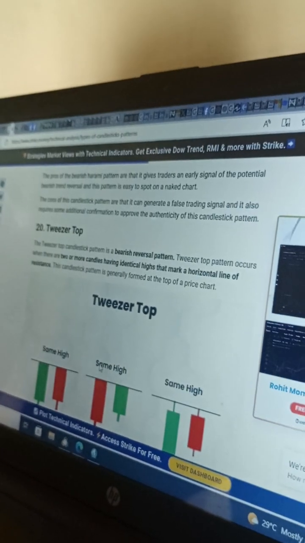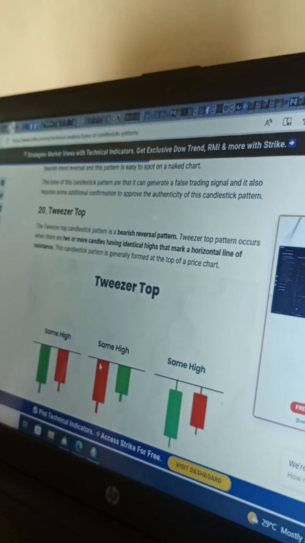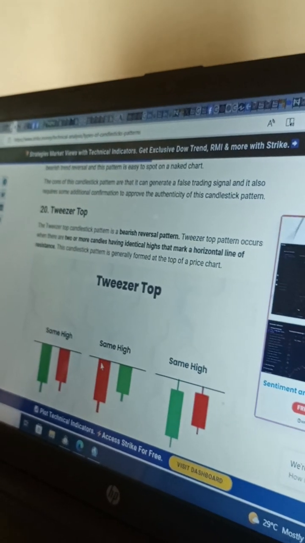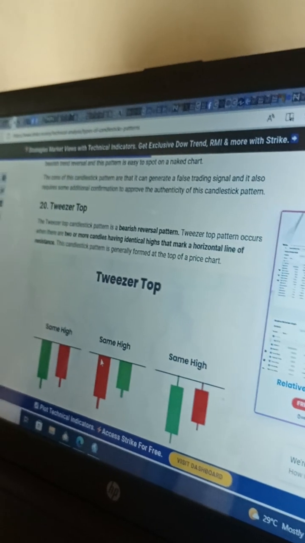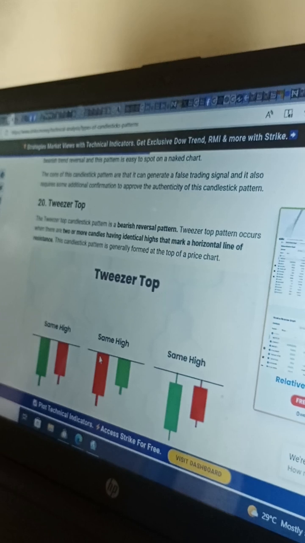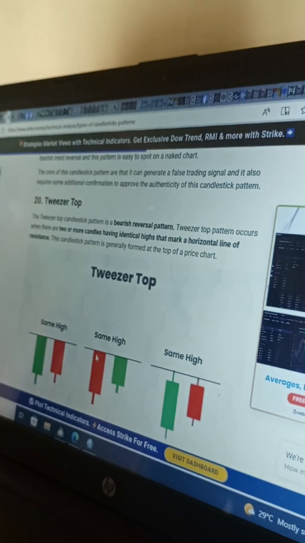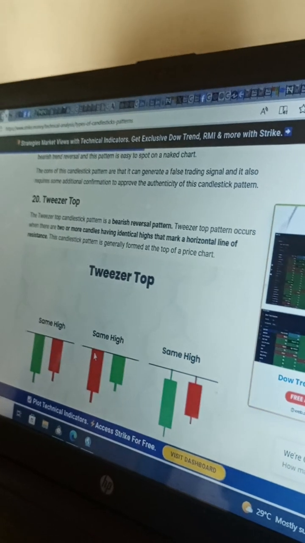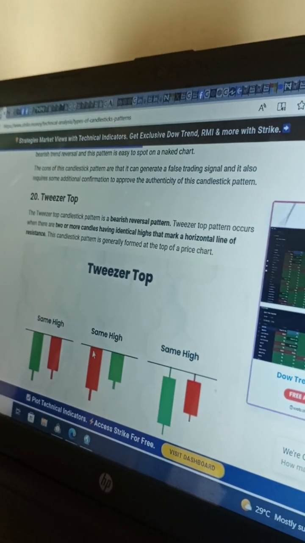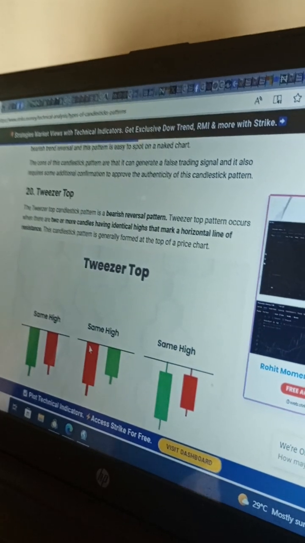Tweezer top. What we dealt with before was tweezer bottom. Yeah. Tweezer bottom shows a sign of bullish reversal. But now, let me read it so we can see the whole thing.